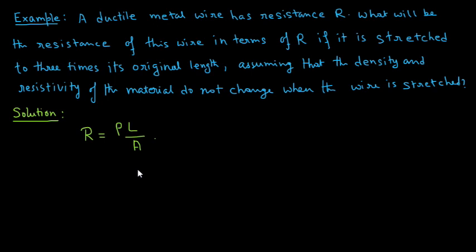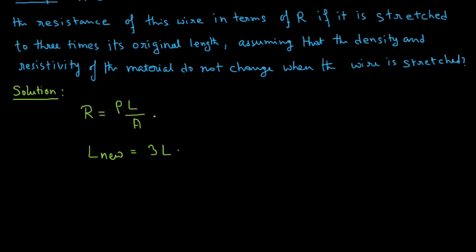And new length L is equal to 3 into L, the original length. The volume of the wire remains the same when it is stretched. There is no change in volume.